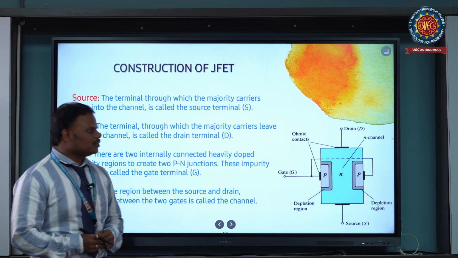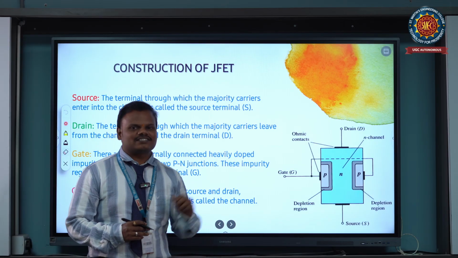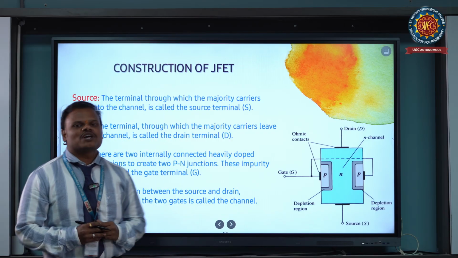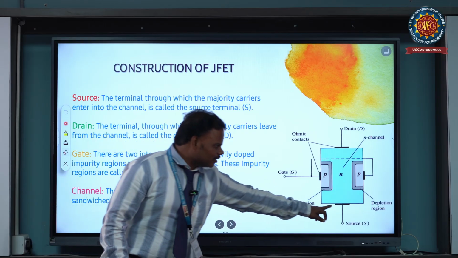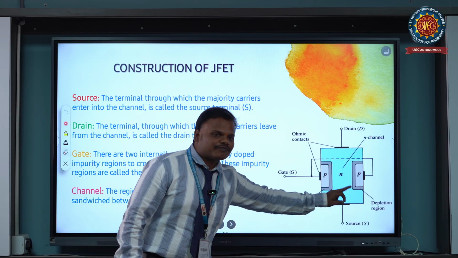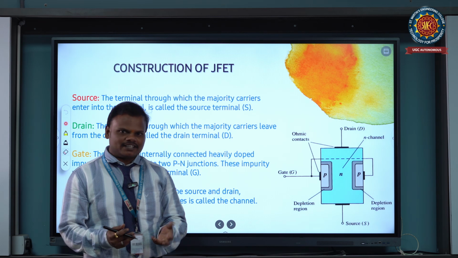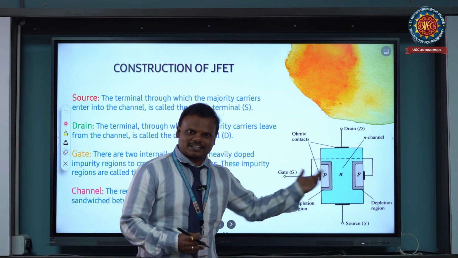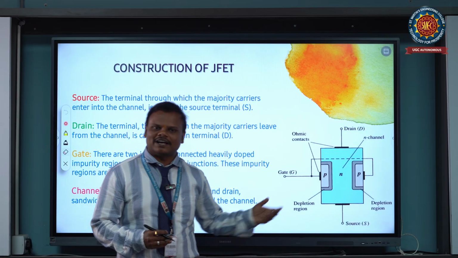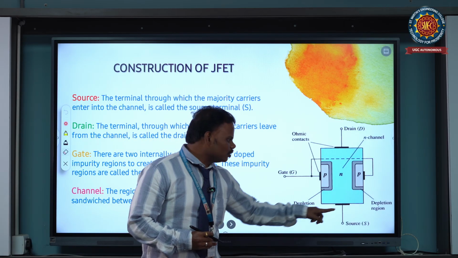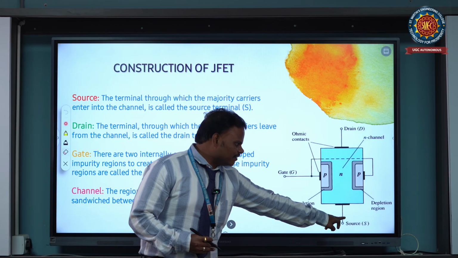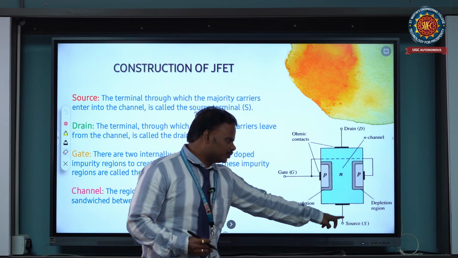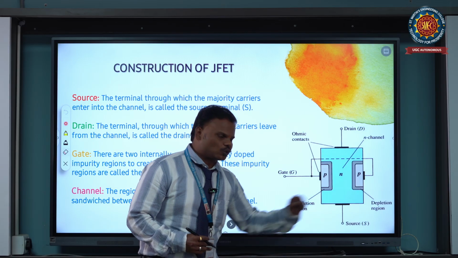Let us see the functionalities of these three terminals. Coming to the first one, the source: it is the place from where the majority carriers enter the device. When we bias this device and connect the voltage source, majority charges enter from the source region.